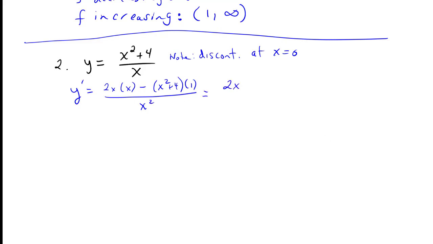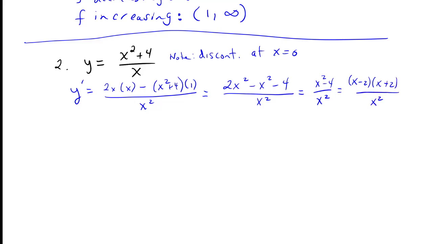That's going to give us 2x squared minus x squared minus 4 all over x squared. That's going to give us x squared minus 4 over x squared, which factored would be x minus 2, x plus 2 over x squared.